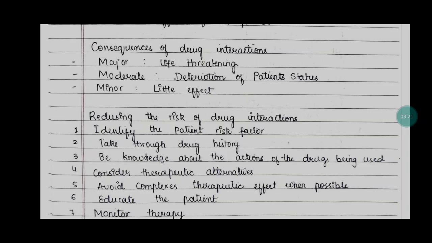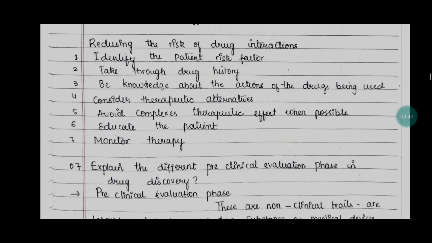Reducing the risk of drug interaction: identify the patient risk factors, take a thorough drug history, be knowledgeable about the actions of the drugs being used, consider the therapeutic alternatives, avoid complex therapeutic regimens where possible, educate the patient, and monitor the therapy.